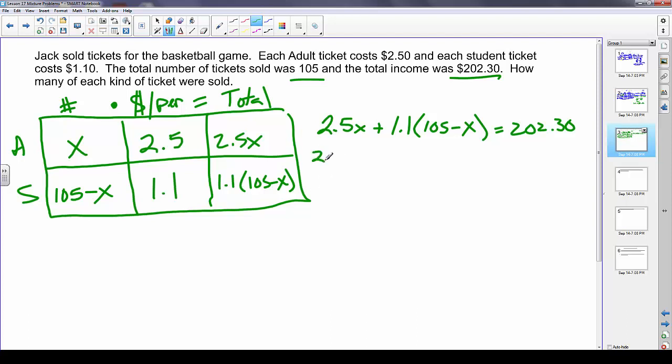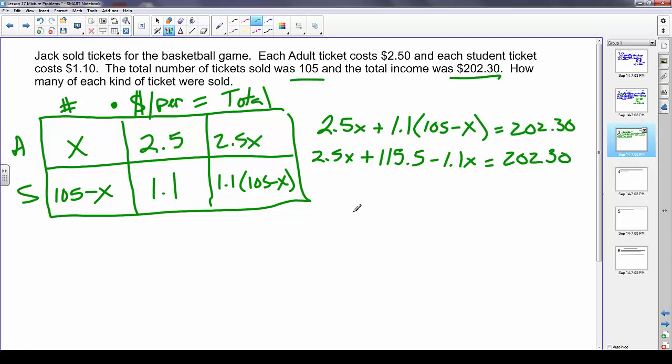I'm going to distribute. So I have 105 times 1.1 gives me 115.5 minus 1.1x, and yes, we are using decimals because that's how the problem started.